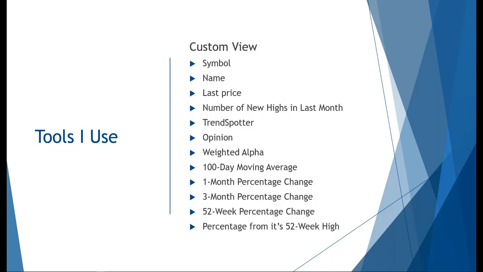We're using 100 days, but we're using the moving average, okay? So it's using that data and averaging the data for the last 100 days. Then I wanted to also look at the momentum in the current month. What was the percentage change? What was the 3-month percentage change?